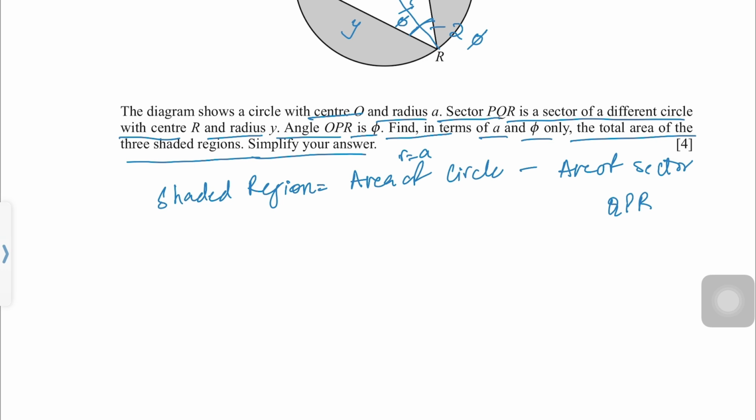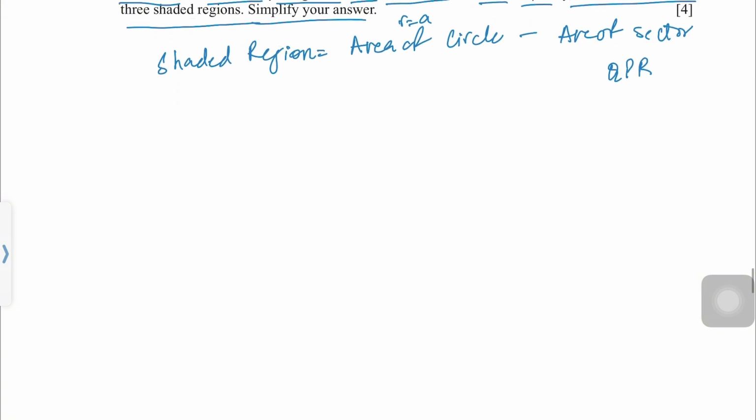Now let's use 180 minus 2 phi, because the sum of all angles of a triangle is 180 and two are given as 2 phi. So this angle would be 180 minus 2 phi.